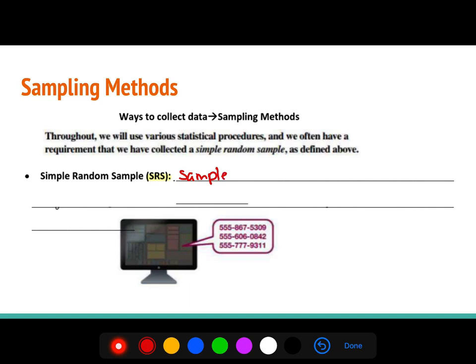We have simple random sampling. That's where we have a sample of n subjects that are selected, and they're selected in such a way that every sample of that size has the same chance of being selected.